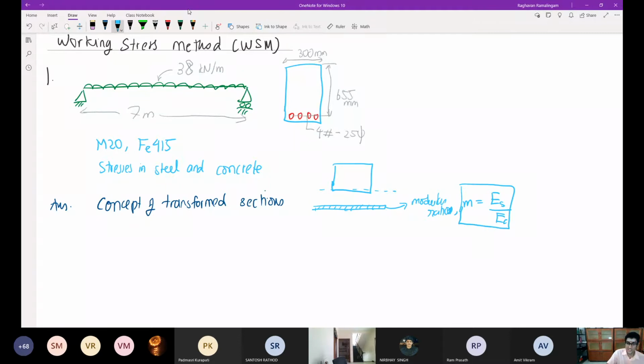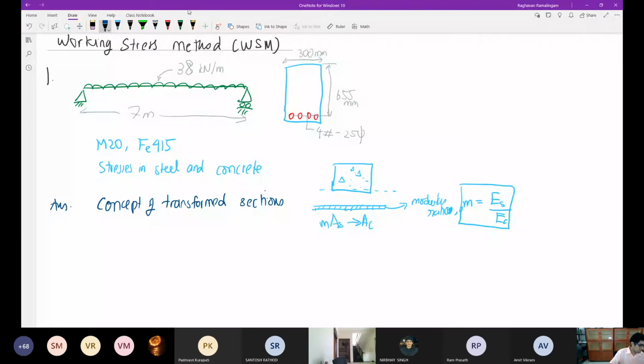Okay, so in terms of this, you are going to transform this beam into something like this, which is a concrete on top, and below you just have some area of steel. You are converting the area of steel into an equivalent area of concrete by using the modular ratio. Okay, so this is the concept which is going to be used for doing this problem.